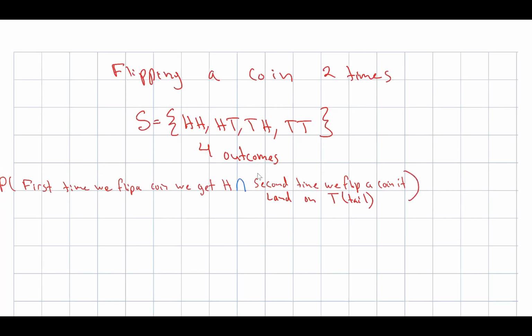So what we want: the first time we flip a coin, we get heads. The second time we flip a coin, it lands on tails.